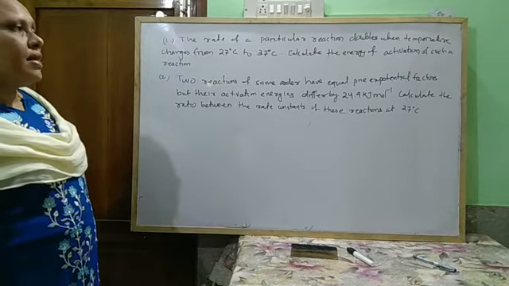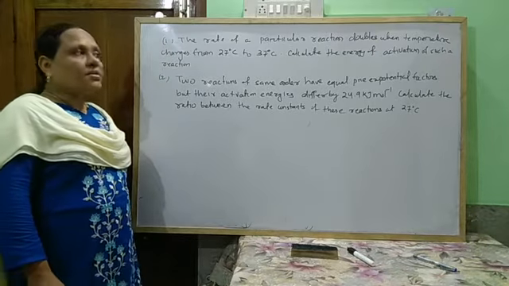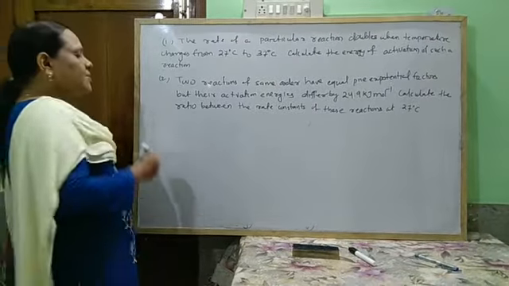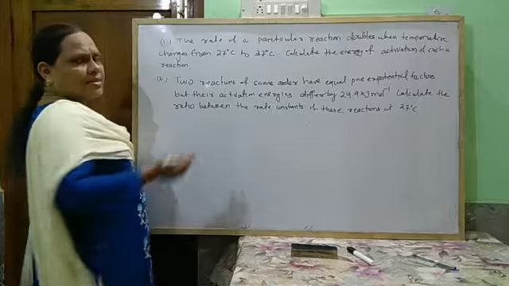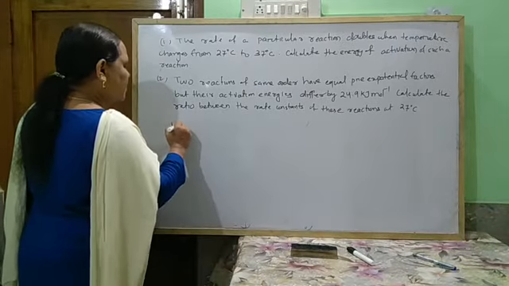Calculate the energy of activation of such a reaction. So the rate of reaction doubles means the rate constant also doubles. So in this way, with increase in temperature, the rate constant also increases.